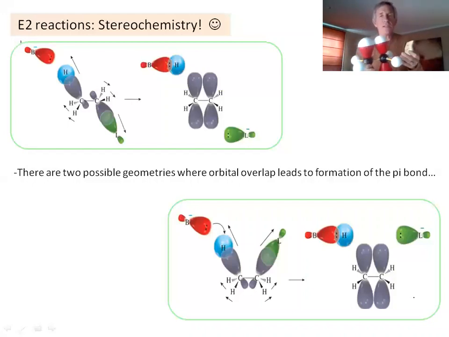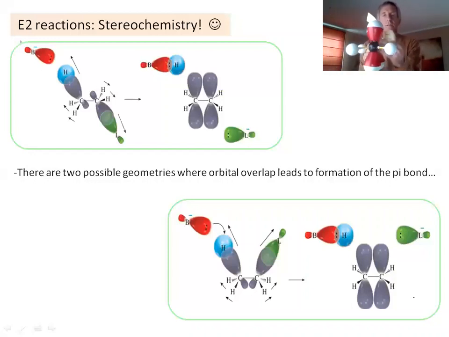And again, you would make this alkene, and it looks like it would be the exact same alkene as if this molecule flipped a little bit and rotated and got the leaving group and the hydrogen on the same side next to each other, and the base came and grabbed the proton here and made a double bond by ripping this leaving group off. It would have to take this pair of electrons and leave.